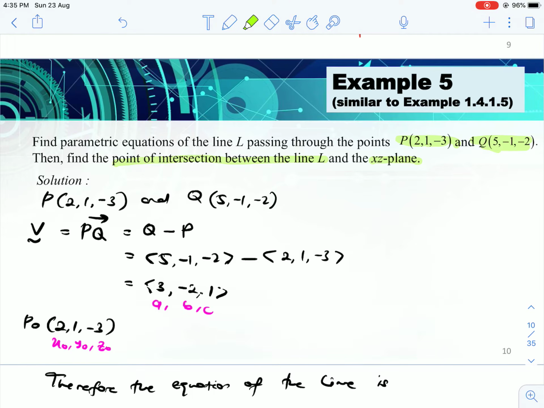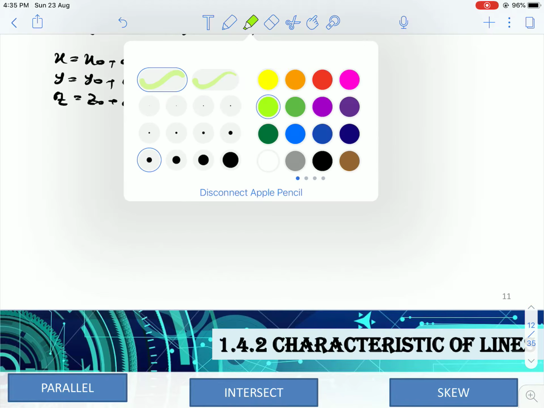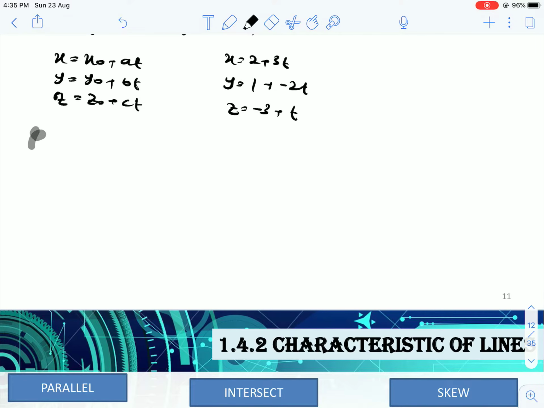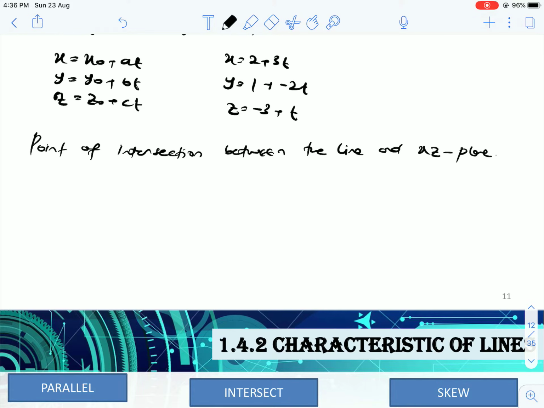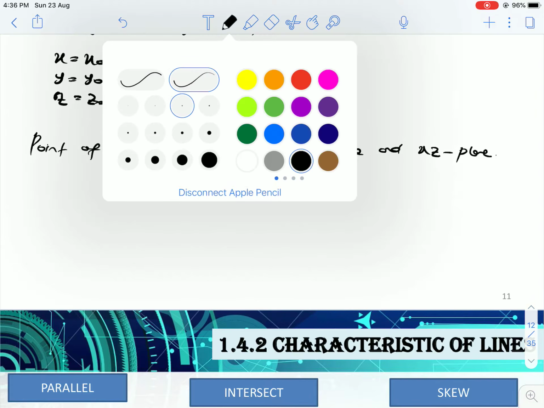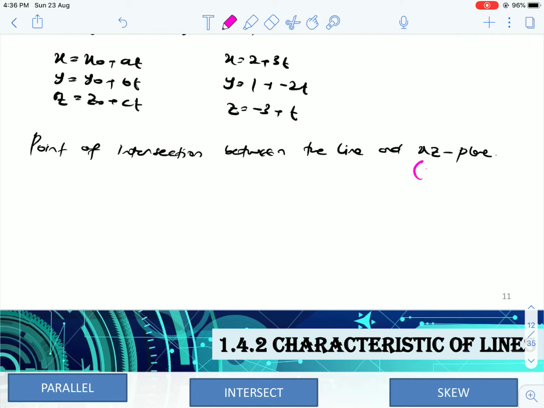When we say XZ plane, it means the coordinate y equals 0.